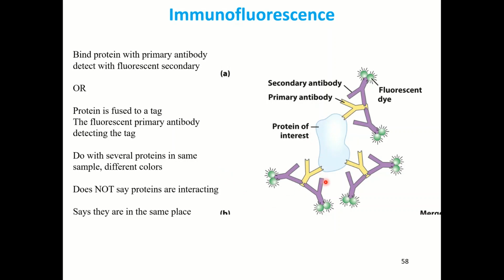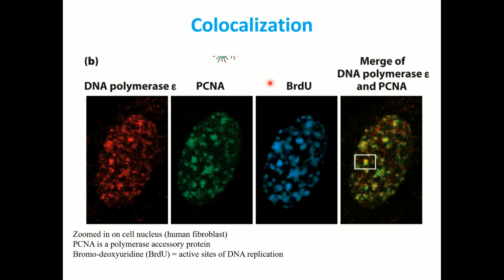If we look at this figure, this is our protein. We can have a primary antibody that binds to our protein, and then a secondary antibody that binds to the primary antibody, and the secondary antibody contains a fluorescent dye. So that's the picture here.